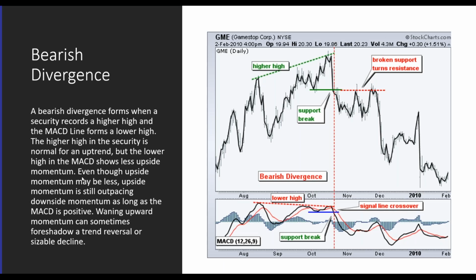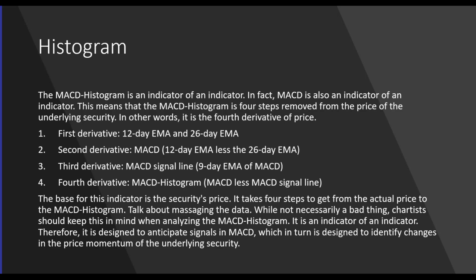The higher high in the security is normally for an uptrend, but the lower high in the MACD shows less upside momentum. Even though upside momentum may be less, upside momentum is still outpacing downside momentum as long as the MACD is positive. Waning upward momentum can sometimes foreshadow a trend reversal or a sizable decline in price.